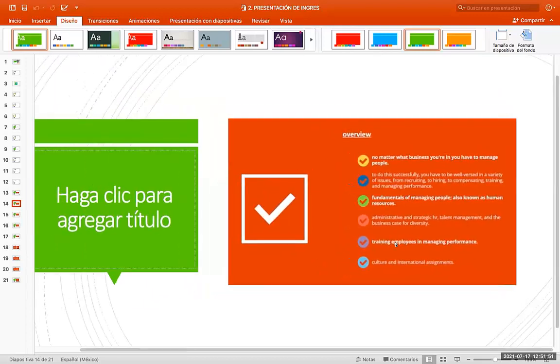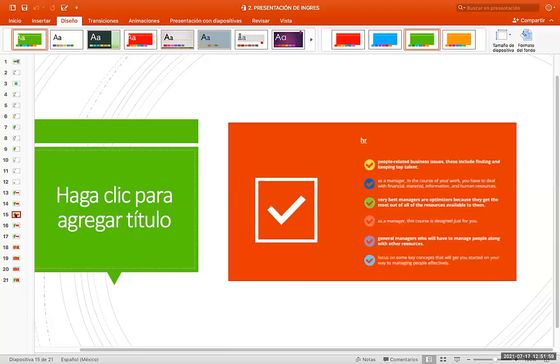And then the speaker develops all these items in this way.